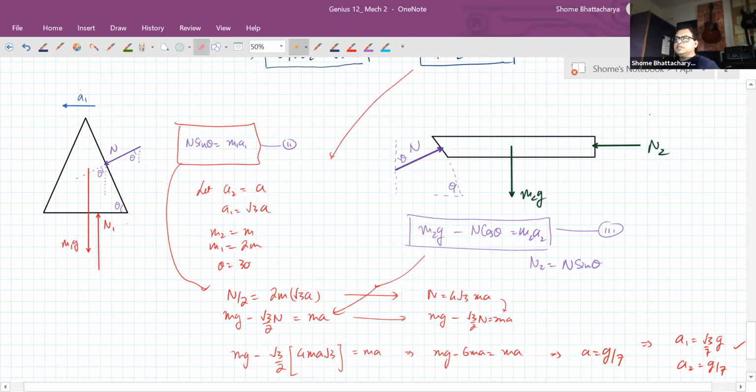Bhumik, you are getting the same, but Nishit and Ganesh, your answers are not matching with this one. Okay, let's do this parametrically if you want.